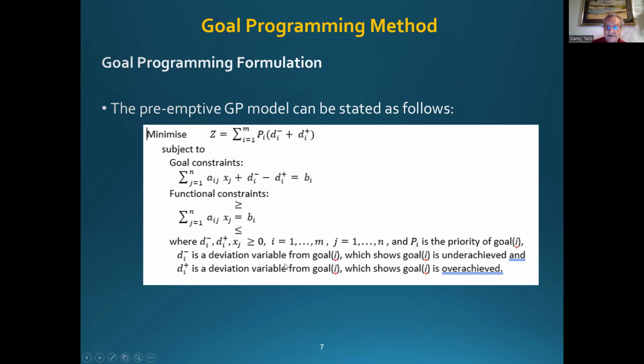The di minus means the deviation variable from goal i, which shows goal i underachievement. di plus is also a deviation variable for goal i, which shows goal i overachievement.